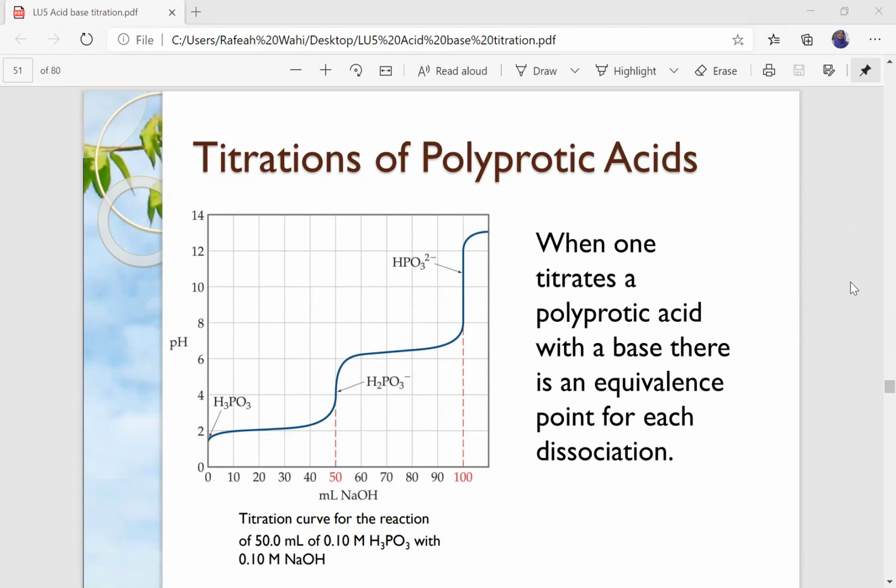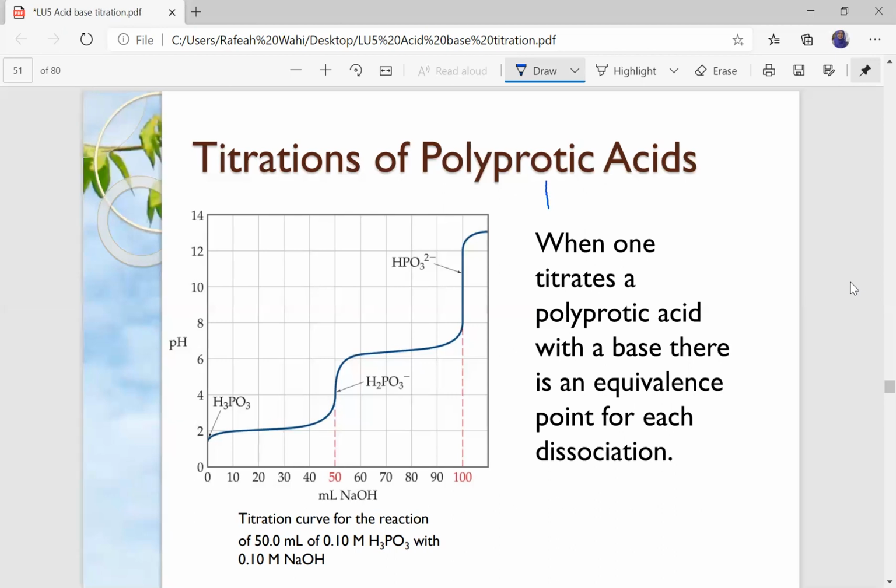When one titrates a polyprotic acid with a base, there is an equivalence point for each dissociation of the H plus ion in the acid. As we know, when we talk about a polyprotic acid, we are talking about an acid which has more than one proton to be dissociated.